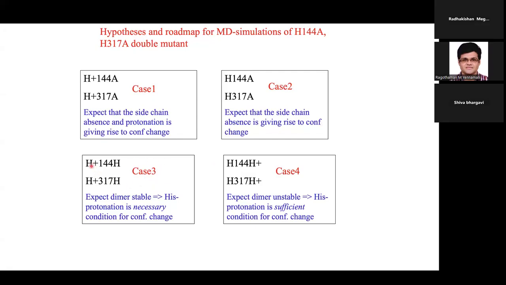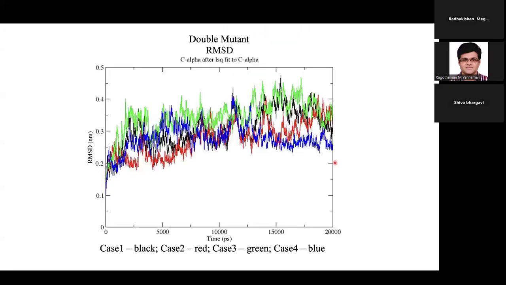In this particular case, H144H, the other histidines are protonated and these two are not, which means histidine protonation is a necessary condition for conformational change. And case 4 is what I had mentioned now: only these two are protonated. So this is a sufficient condition for conformational change. So, a necessary condition and a sufficient condition.